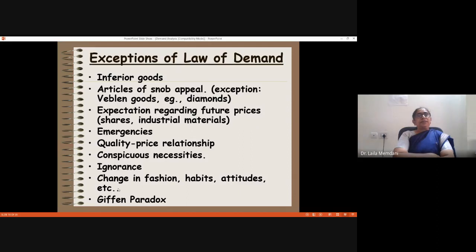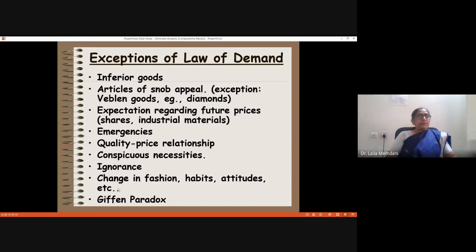Then there is expectation about future prices. If people are expecting that in future there will be shortages or the prices will rise further, of course during shortages the price will rise further, then people will buy more now even when the prices are higher.